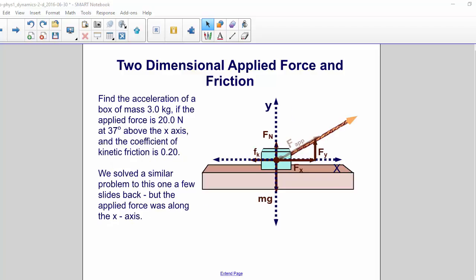For our first example, we are going to find the acceleration of a box of mass 3 kilograms if the applied force is 20 newtons at 37 degrees above the x-axis and the coefficient of kinetic friction is 0.2.